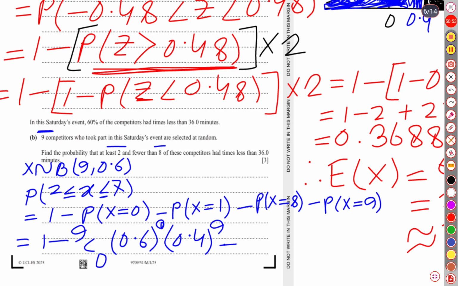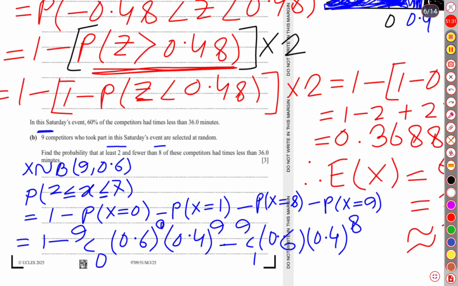Or only one competitor took less than 36 seconds, we are going to subtract that. So 9 choose 1, 0.6 once, and 0.4 raised to 8.